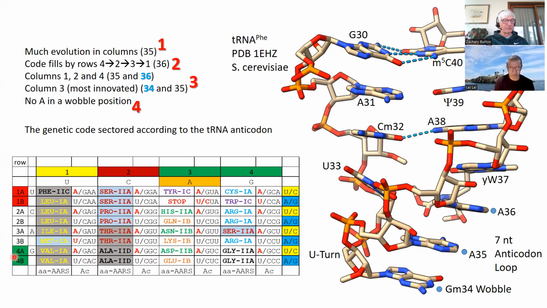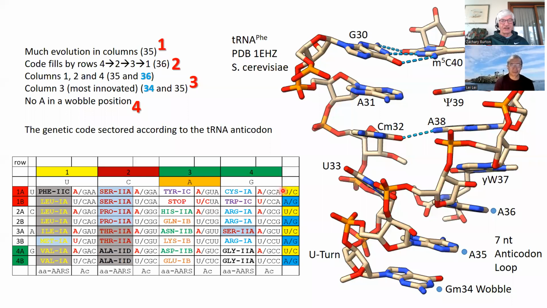Okay. The next best row is row 2. That's 36G all the way across. And then row 3, 36U. And finally, and lastly, row 1, which is 36A.